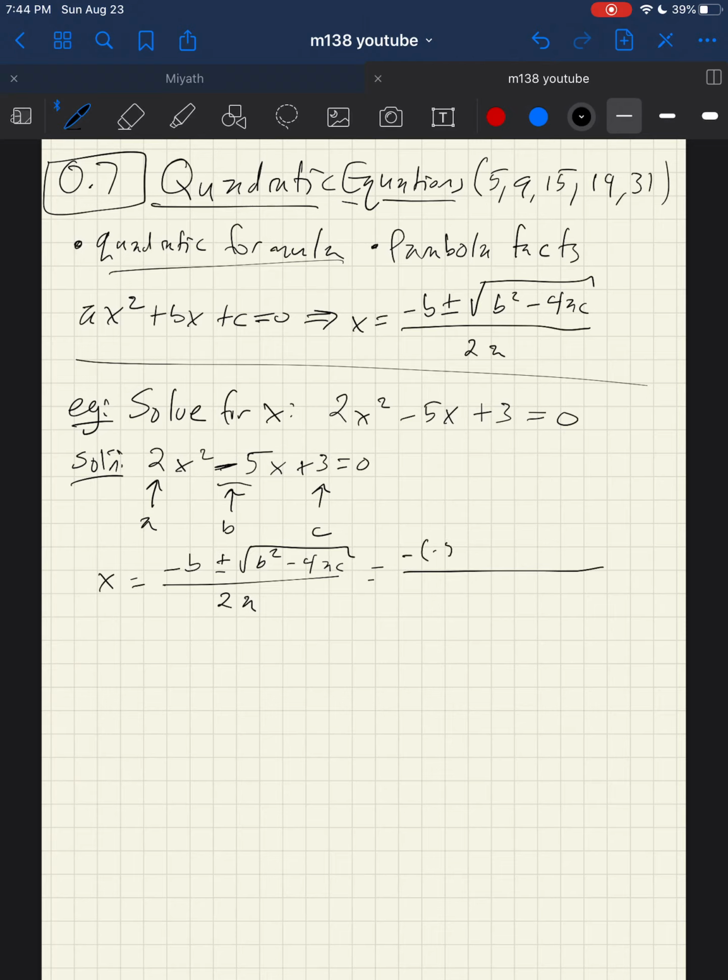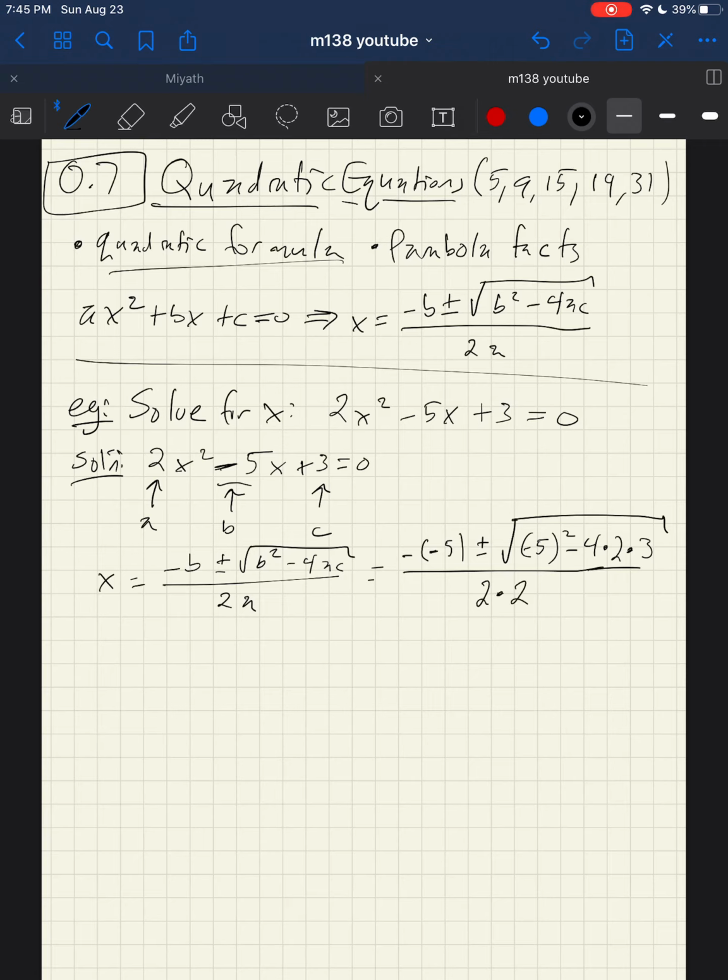Negative 5 plus or minus, so this is giving us potentially two roots, the square root of b squared, so negative 5 quantity squared, minus 4 times a, so times 2, times c, times 3. This is all under the square root, and this is all on top of 2 times whatever a was.